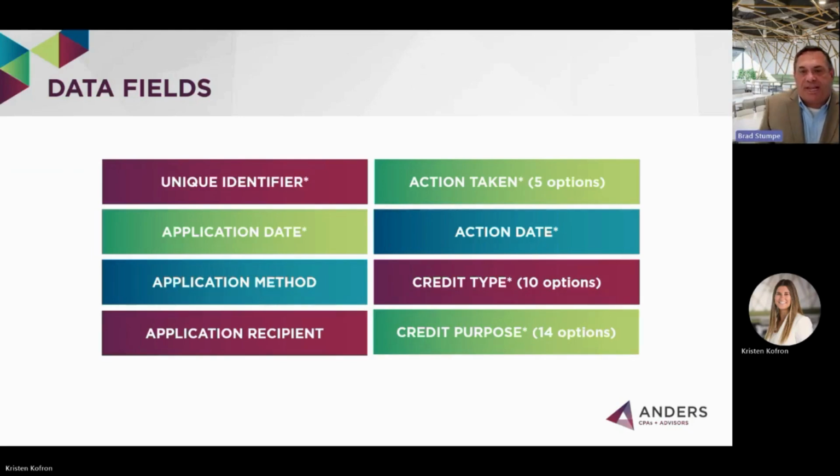From an implementation standpoint, one thing here that I want to discuss is the application date. Rhetorically, how many of you have a standard commercial application? When we're reviewing HMDA laws, we see application dates all over the place for commercial loans.